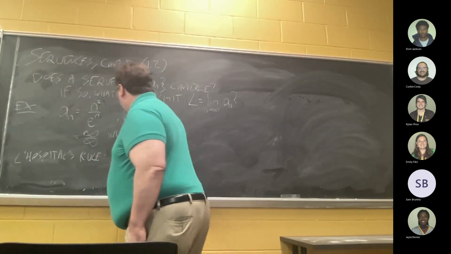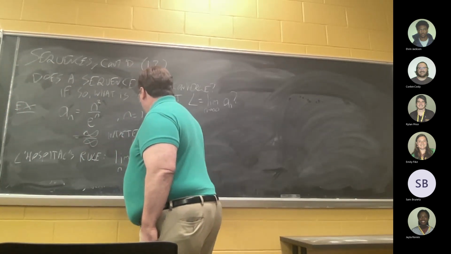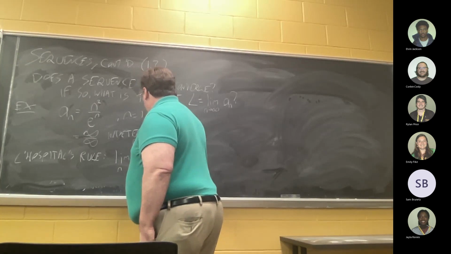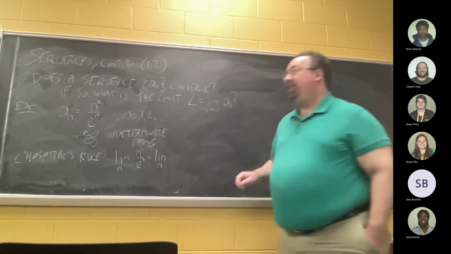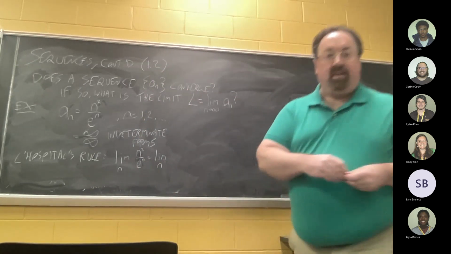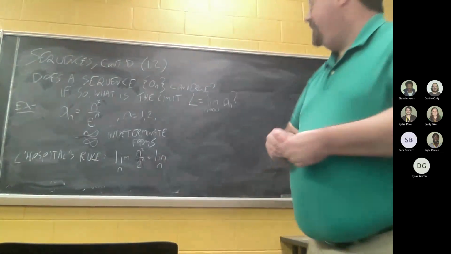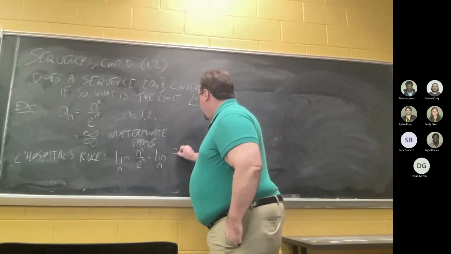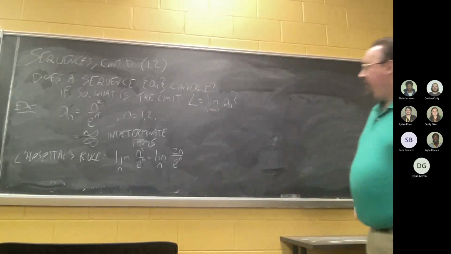That says that the limit of n squared over e to the n is the same as the limit of what, by applying L'Hopital's rule to this? Yes, so we have 2n here, and then e to the n here.